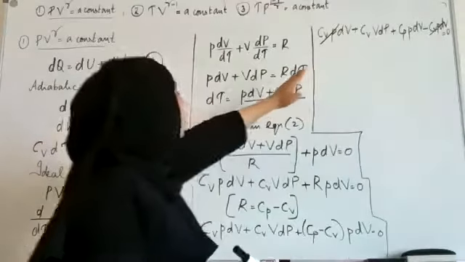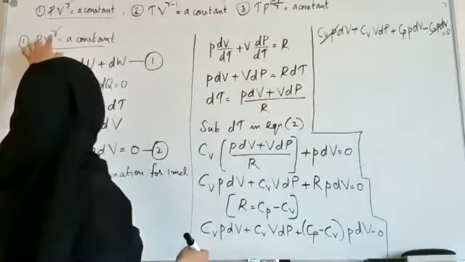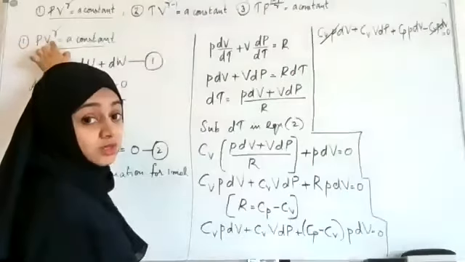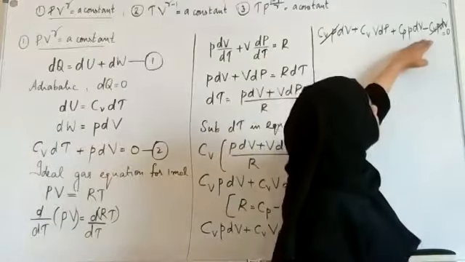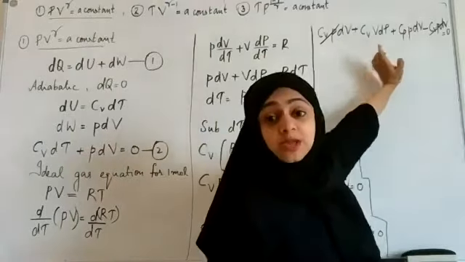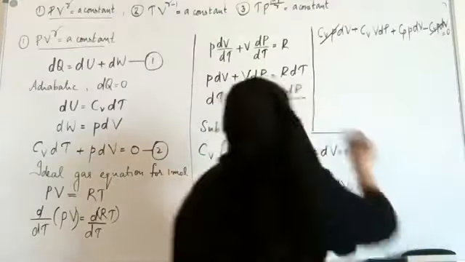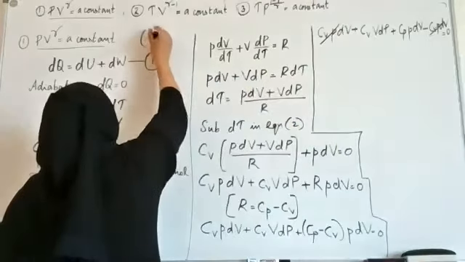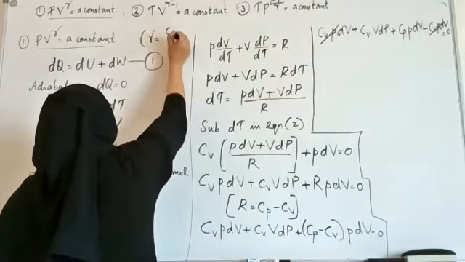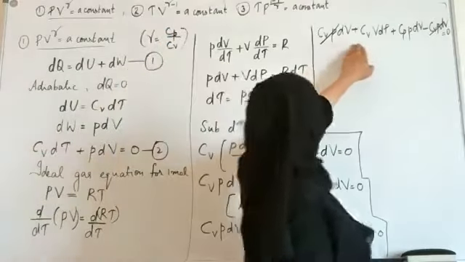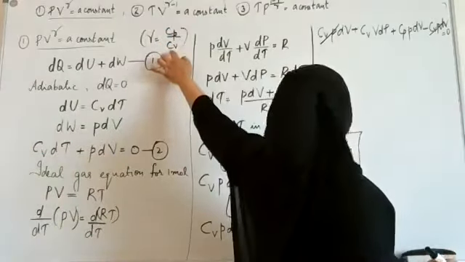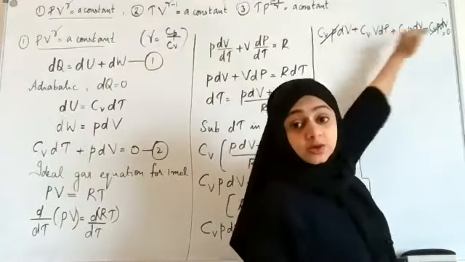But what I want here is PV raised to gamma, right? Gamma is equal to Cp by Cv. So to get Cp by Cv, I'm going to divide throughout by Cv so that I have Cv in the denominator.